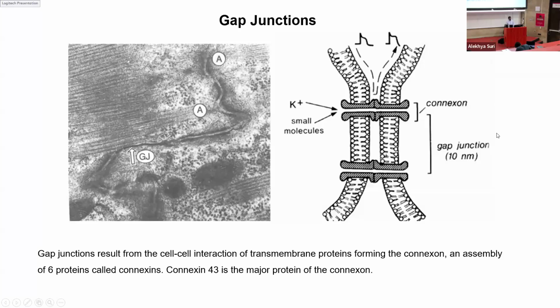If you compare all three communication methods, the fascia adherens and the desmosomes are involved in transmitting the force from one cell to another, and the gap junction is involved in transmitting the action potential. That's the difference between the three communication methods located in the intercalated disc.